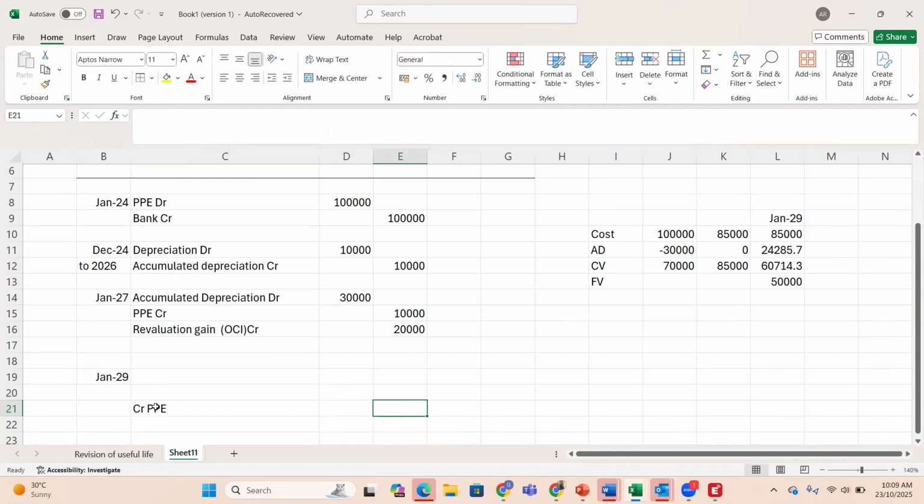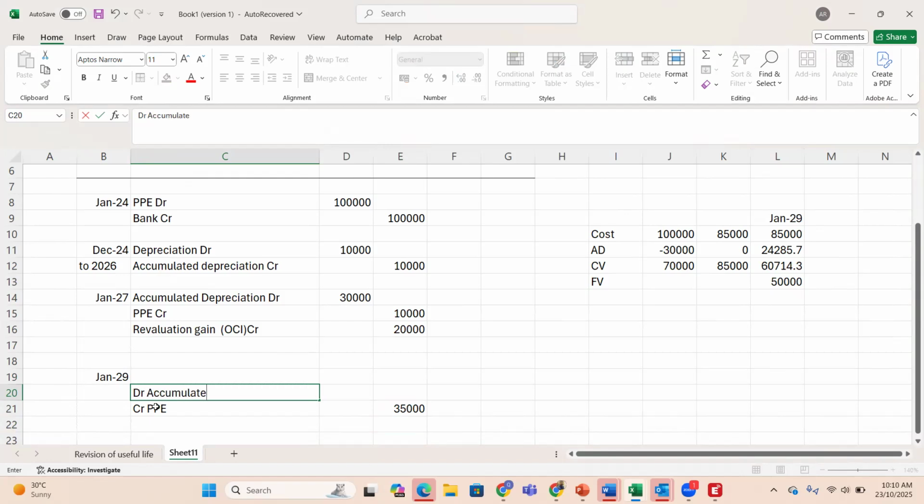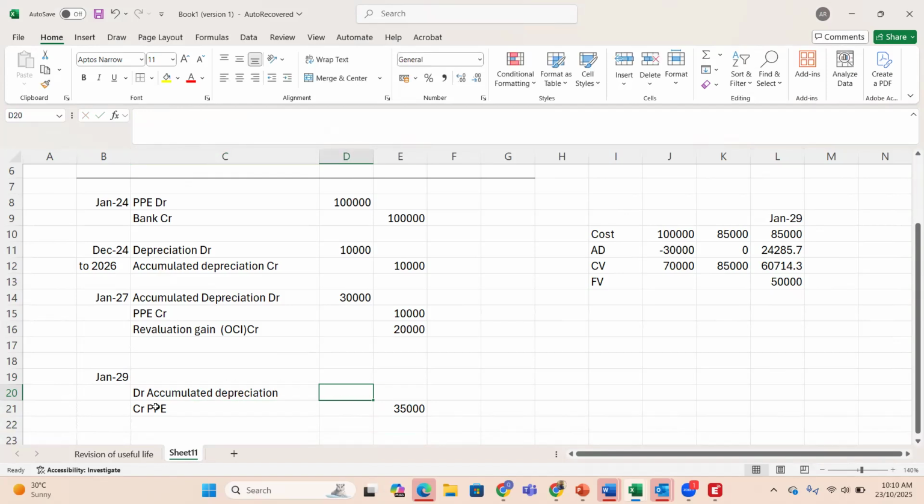How much? 35,000. Right? PPE value. Now, what about subsequent accumulated depreciation? Do I need it or not? I don't need it, right? So I'll debit accumulated depreciation, 24,285.7.